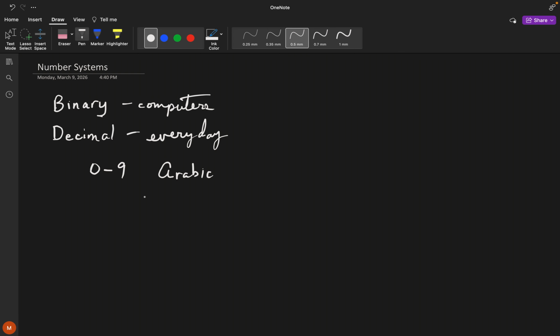Arabic numerals seem to be the main thing that we've used, and you might assume that we've used them forever. But they were actually developed by Hindu mathematicians, that is, mathematicians in India around AD 500. So it was not all that long ago in the history of humanity that we invented these numbers.